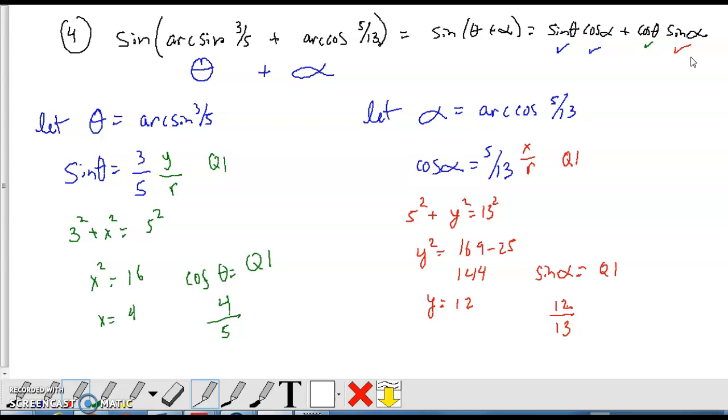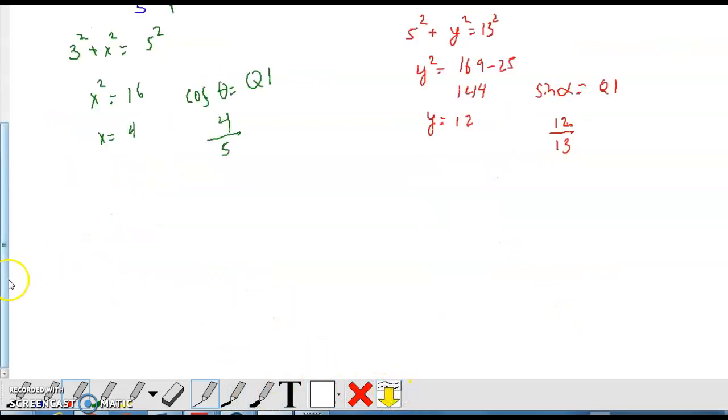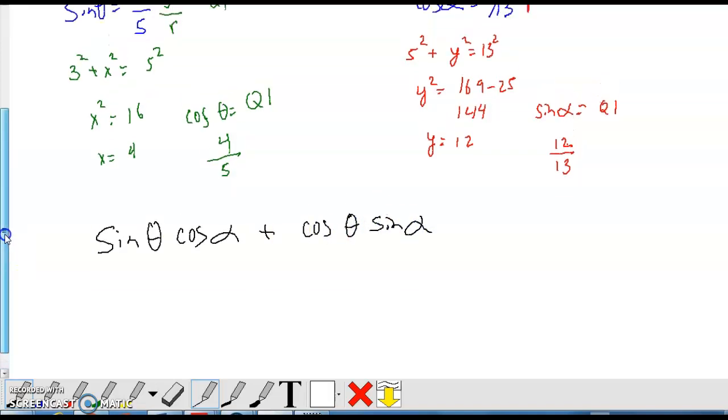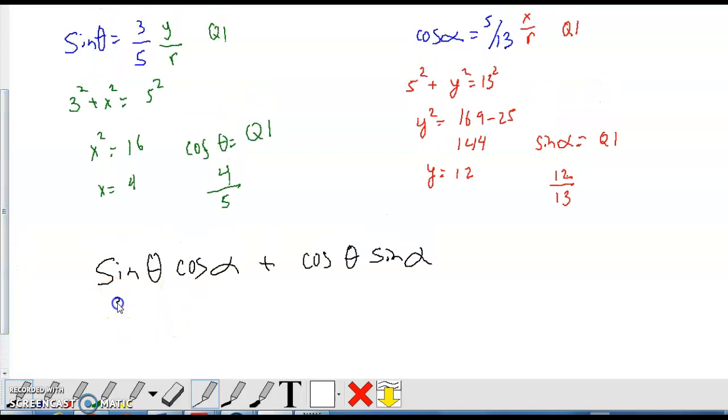All right, so let's plug in what we know. So I'm going to rewrite this. We're going to say that it's the sine of theta cosine of alpha plus the cosine of theta sine of alpha. So what do I know? I know that the sine of theta was 3/5. I know that the cosine of alpha was 5 over 13.